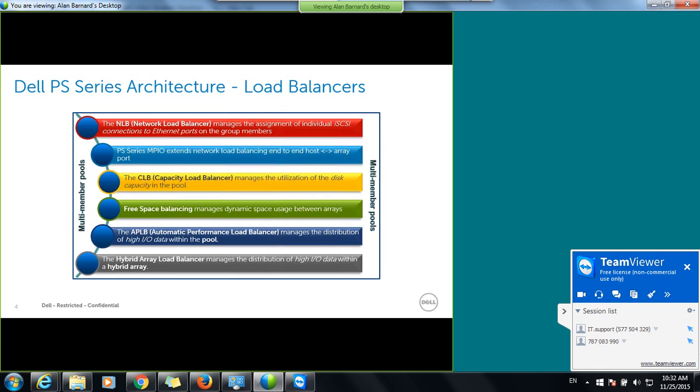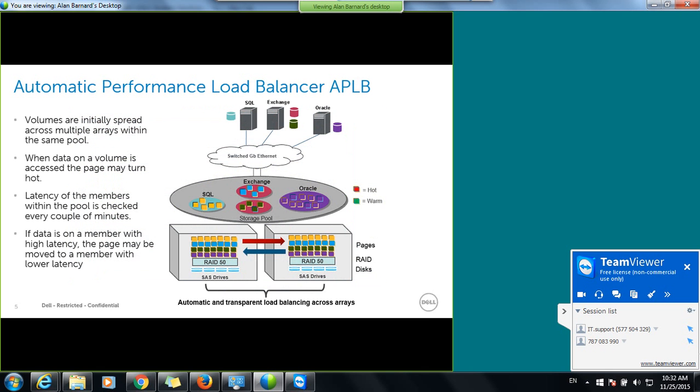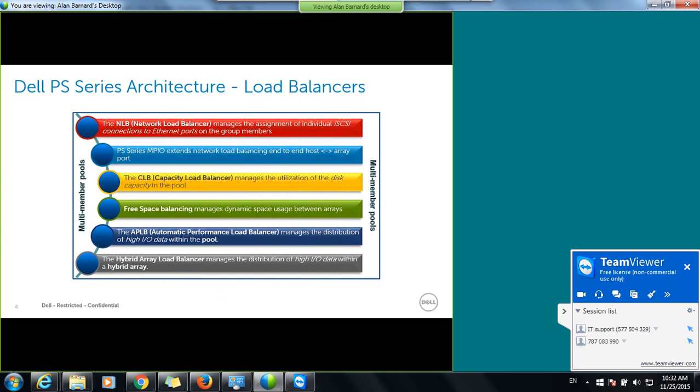All right. Next is APLB. It stands for Automatic Performance Load Balance. What is the load balance in particular? It's actually looking at the latency of each member.